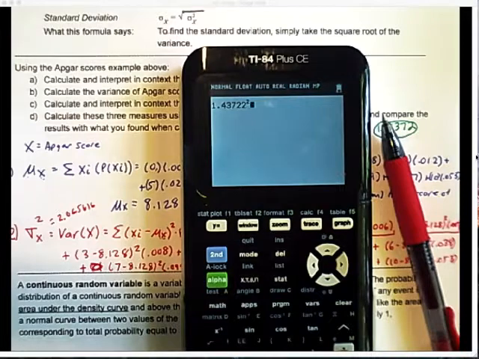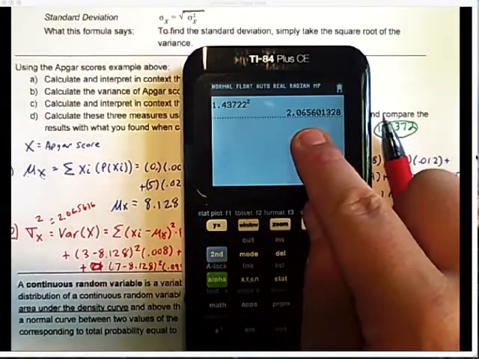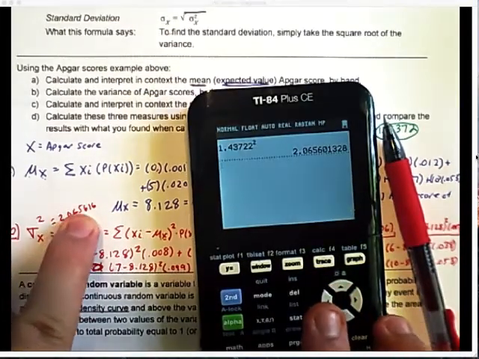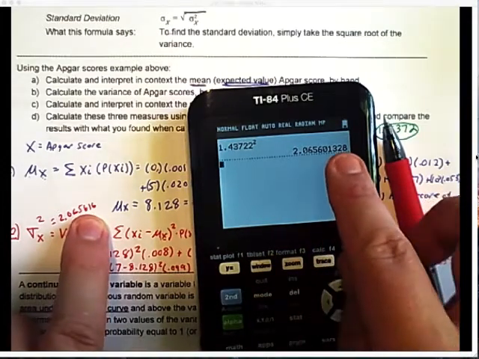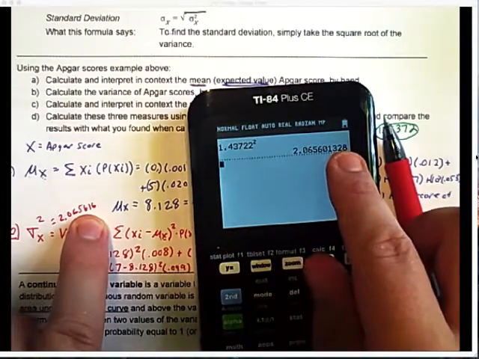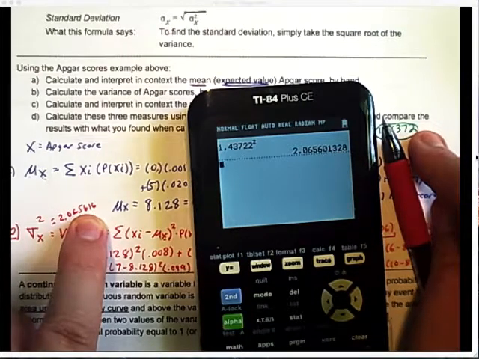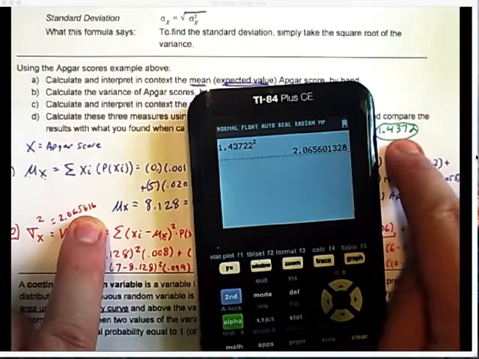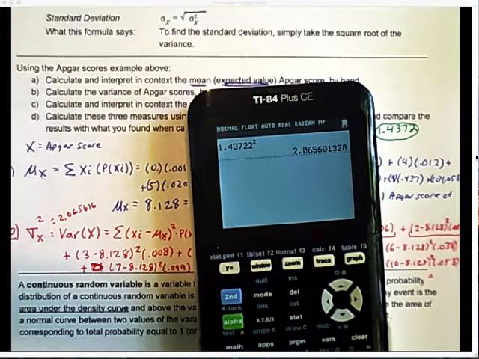So if you square standard deviation, I'm back to 2.0656. What do you notice here? Now it's a little bit off after that because I rounded, okay? Because I took this rounded number and squared it, all right? But if you want to get variance, just take standard deviation and square it, all right? But you can do that in one step in the calculator.